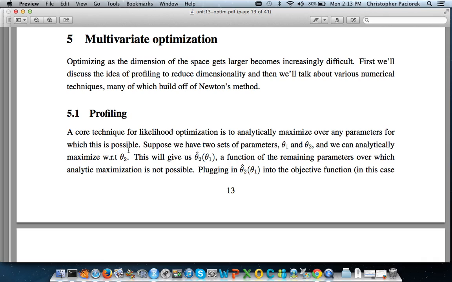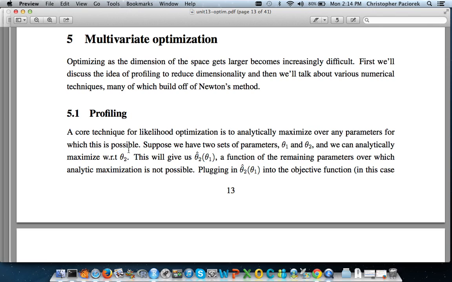So you can imagine that you might have a picture something like this, and I'm just going to do it in 2 dimensions, but the idea is this will generalize to higher dimensions. Suppose you're trying to maximize with respect to theta 1 and theta 2, and this is the, say, log likelihood surface that you're trying to maximize over. And so maybe the maximum is right in here. Well, the idea is that for any given fixed value of theta 1, if I can analytically maximize with respect to theta 2, we can think about what the picture looks like if I do that.